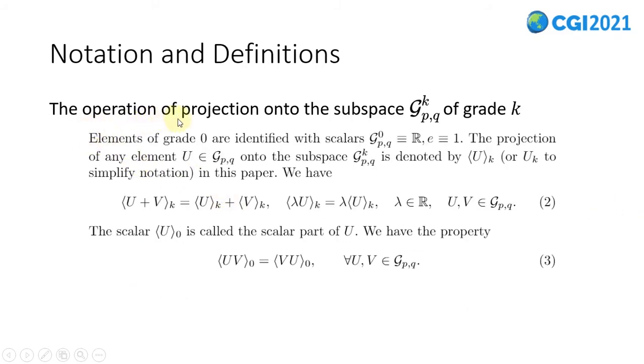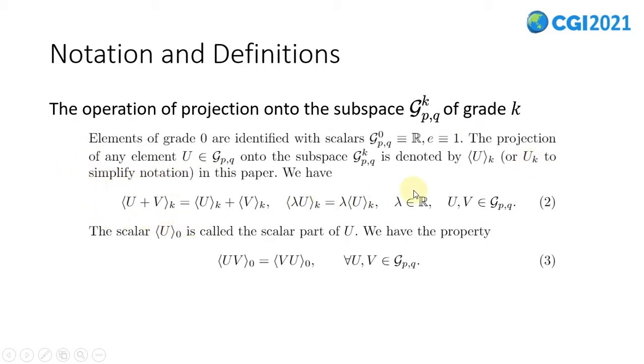Let us introduce the operation of projection onto the subspace of grade k. The projection of any geometric algebra element U on the subspace of grade k will be denoted by U in angled brackets with subscript k, or sometimes we will omit the angled brackets and leave only subscript k in order to simplify notation.